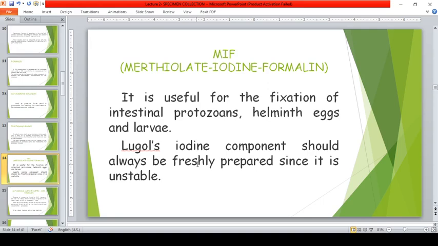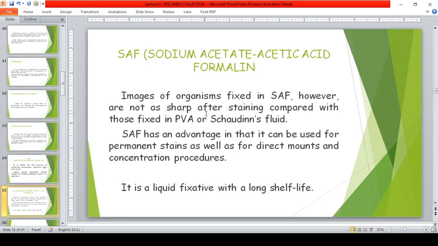So, guys, wait lang. I think I forgot something. The merthiolate and iodine, these are the staining components, and the formalin, that is the preservative of the MIF. Okay, let's proceed to slide 15.